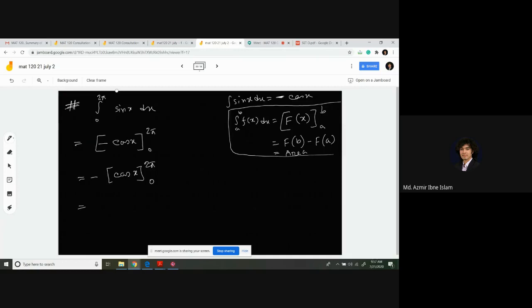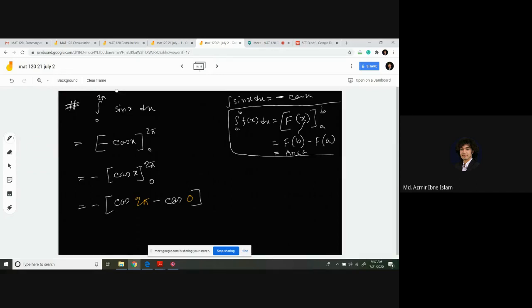You will understand after solving this problem if I show you the geometrical figure. After this integration, we have found the antiderivative, capital F of x. So here you have to input the upper limit b. Here the upper limit is 2 pi, right, Johair? Yes, sir. Negative cosine, and in the place of x you input the value of x.